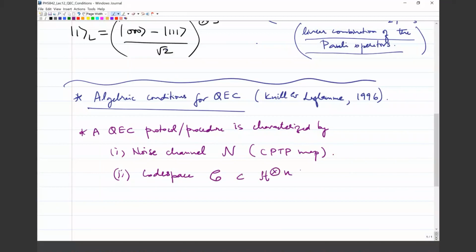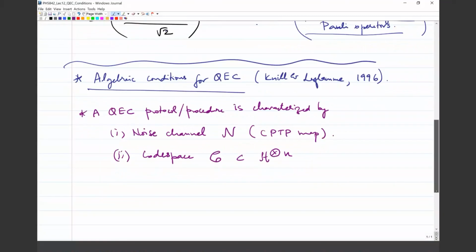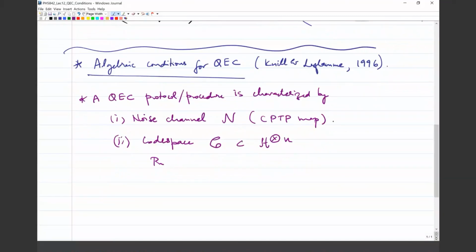And this code space itself is defined by the projector onto the code space. We already looked at this while discussing the 3-qubit bit flip code.